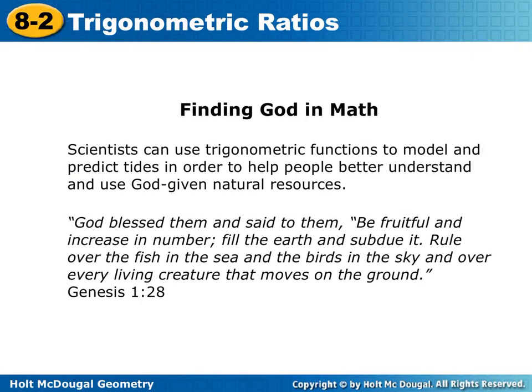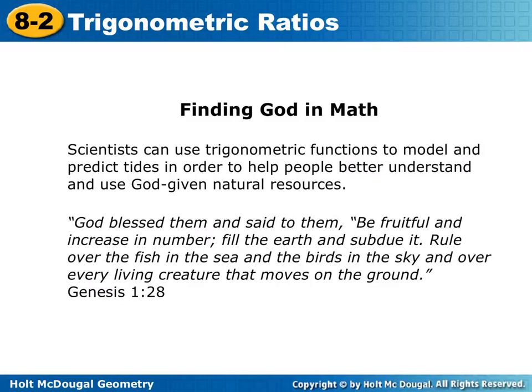All right, so here we are at the end, Finding God in Math. Scientists can use trigonometric functions to model and predict tides in order to help people better understand and use God-given natural resources. So in Genesis 1:28, God blessed them, talking about Adam and Eve, and said to them, "Be fruitful and increase in number, fill the earth and subdue it, rule over the fish in the sea and the birds in the sky, and over every living creature that moves on the ground." So God gave Adam and Eve all of this to use and to have.